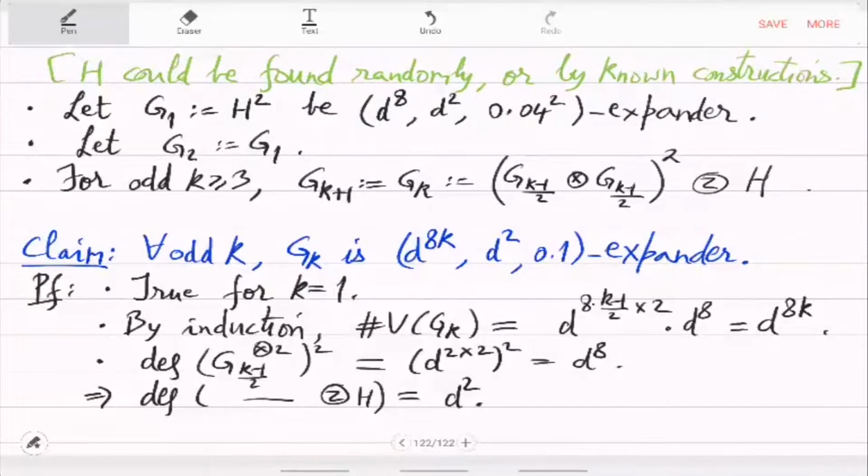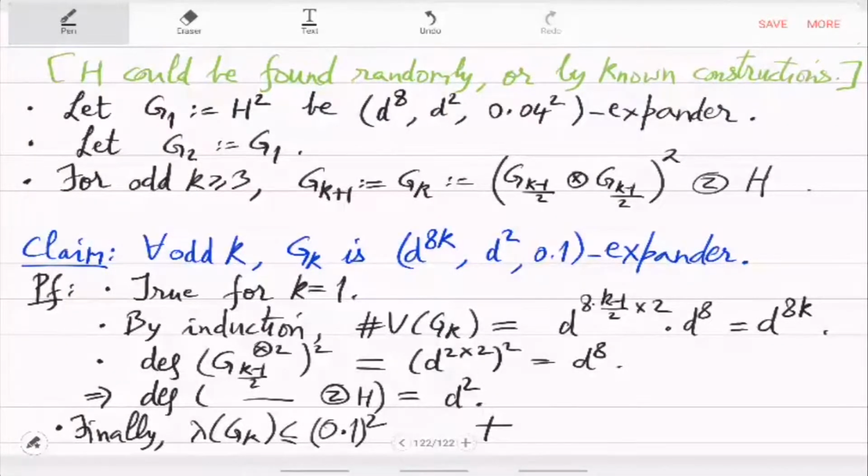Finally, the expansion. So lambda of GK is at most... what is the lambda of this tensor square squared? Tensor square doesn't change lambda, so that is the same as 0.1. But when you do the path product, it improves, right? So that is 0.1 square. So that's the first thing. Plus you had a square plus 2b plus b square, right?